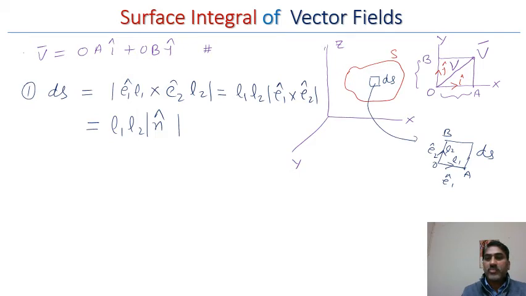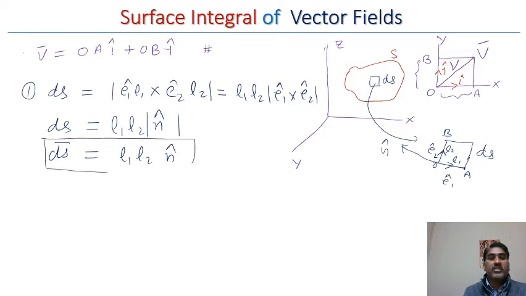The unit vector perpendicular to e1 and e2 will also be perpendicular to the surface, meaning this is the outward drawn surface normal. This will be something like this, n. So we have ds given by this, so the ds vector is obviously L1 L2 unit vector n. This is the vector for a small surface area.